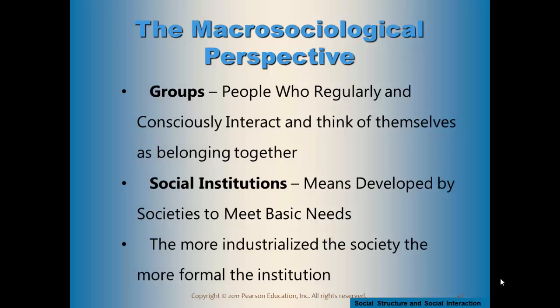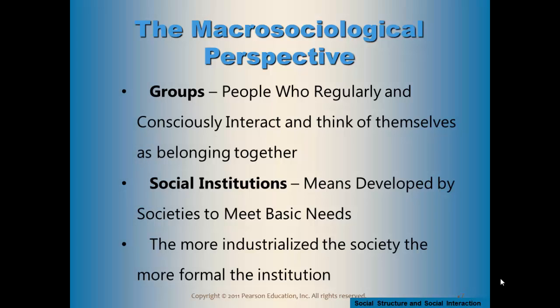Social institutions are another element to consider in the macrosociological perspective, and this is the means that society develops to meet its basic needs. Here we're talking about the structural functionalist perspective. If you remember that image of the engine with all those parts that have to work together in a certain way for the engine to run smoothly, those institutions are those parts, the cylinders and the covers and the gaskets and all those other things that interact together to make our society run smoothly.